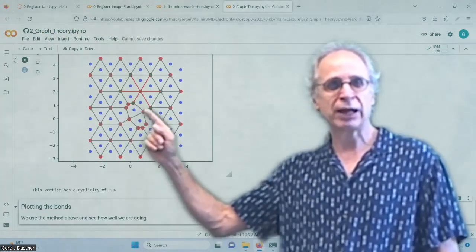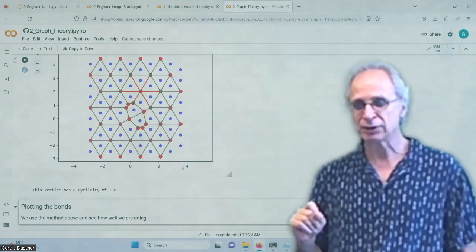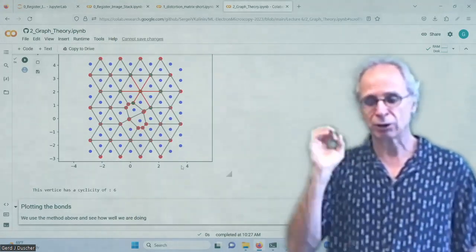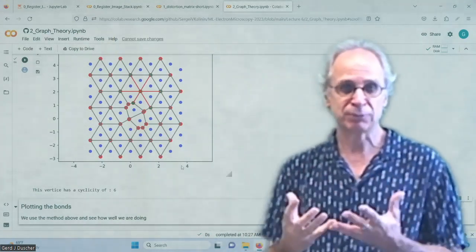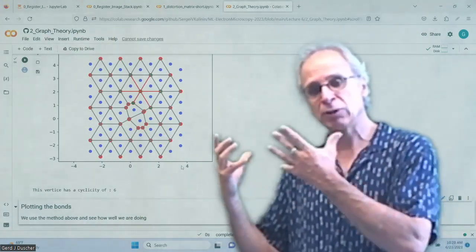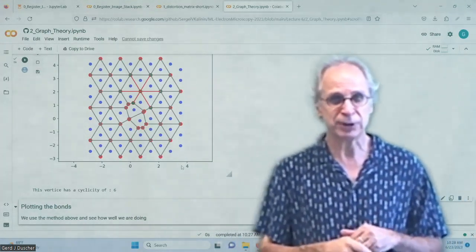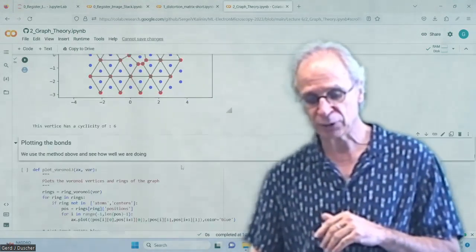And I also can now determine how many nearest neighbors each atom has, right? So this one has 6 nearest neighbors, and I just know that because I have all the information in my graph. I have not only the rings, but also the connections between the nodes of the graph, my atoms, and those are going to be my bonds.